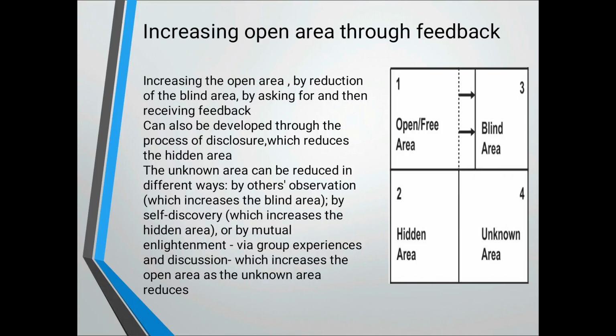But through feedback it can be improved, and whenever you are able to understand what problems you have, you can improve yourself, you can take more responsibility, you can get more growth. So obviously feedback is one of the most important aspects to increase your capability and effectiveness in an organization.